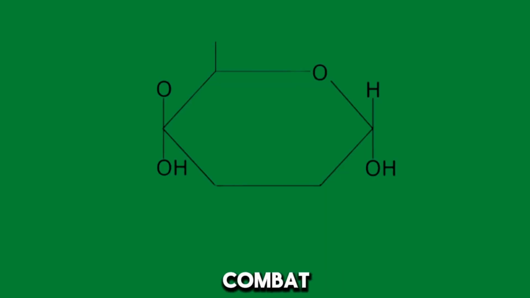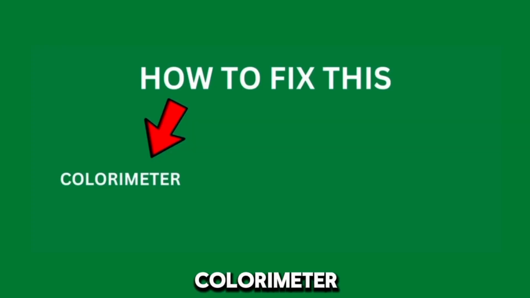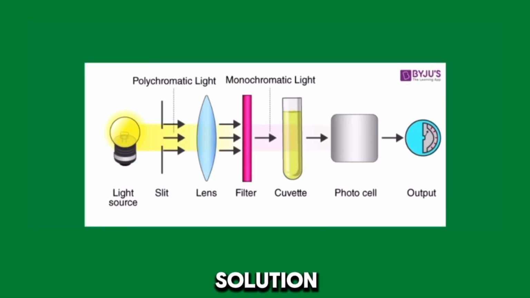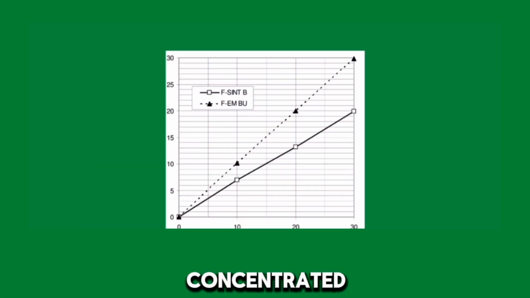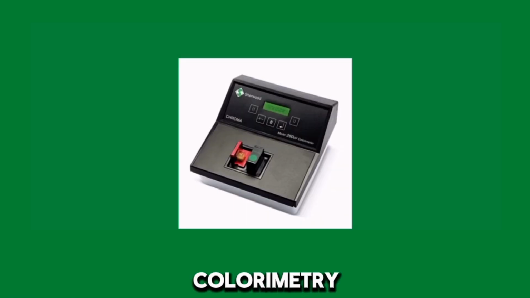And in order to combat this issue, we use a colorimeter. Now, what is this? Well, a colorimeter is basically this little machine, and it shines light through the solution, and depending on how much light went through, it will tell you how concentrated the solution is, and it will give you a value, okay? Now, you don't need to know too much about colorimetry just yet.